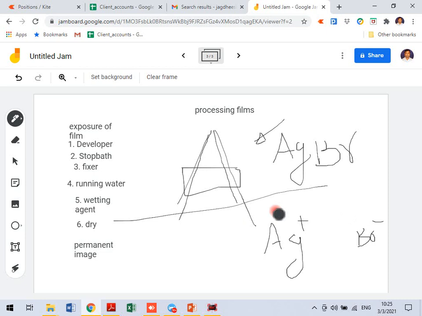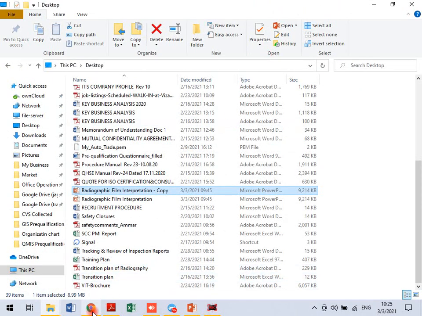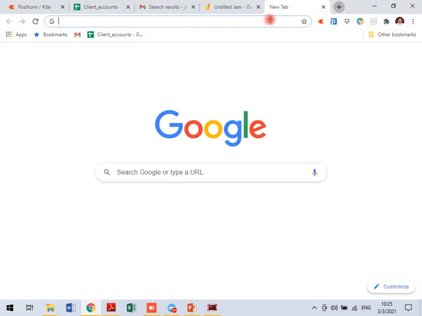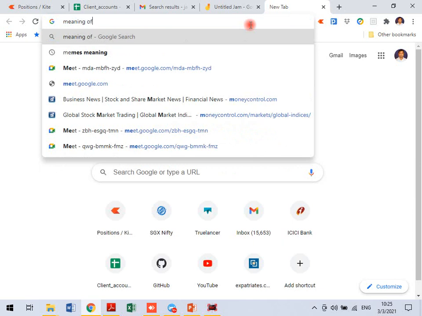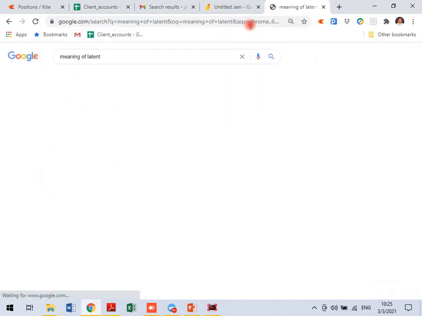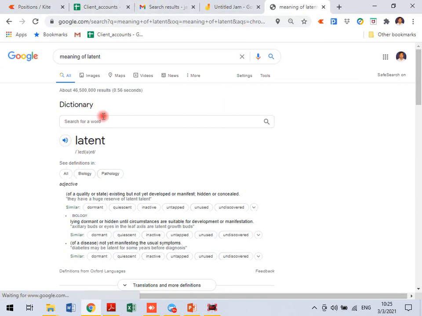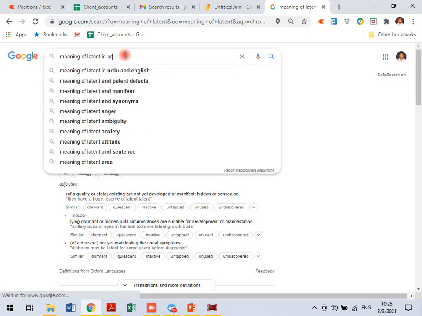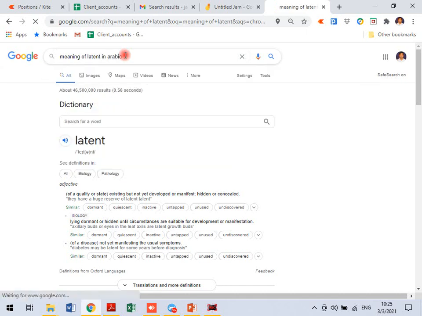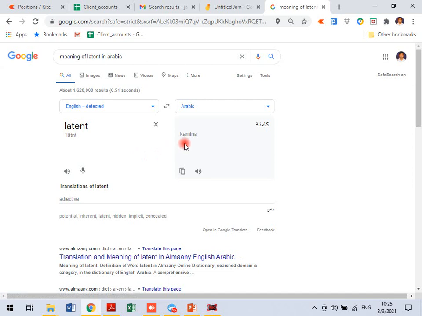So what happens now? This stage is called latent image. You know what is latent? What is the meaning of latent? In Arabic, I will say. Tell me. Means what? Stay, not move. Yes.